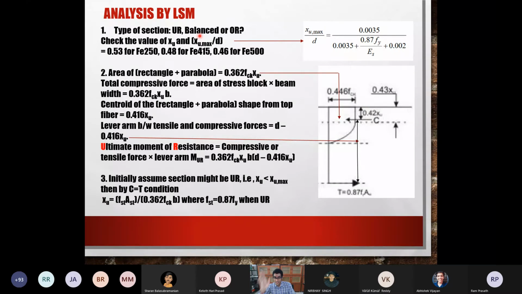If it is coming lesser than XU max, then the assumption is right and the beam is under reinforced, and you can proceed and do the whole thing mentioned above.